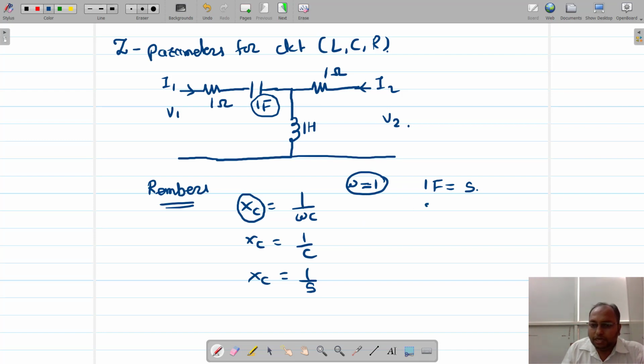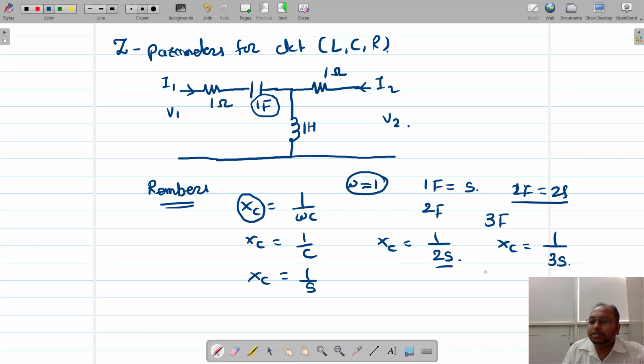And if it is 2F, then XC is equal to 1 upon 2S. So 2F is 2S, we are going to write it. If it is 3 farad, then instead of this it will be 1 upon 3S. Are you getting it?